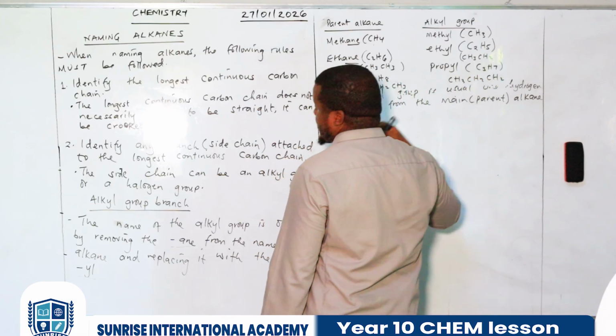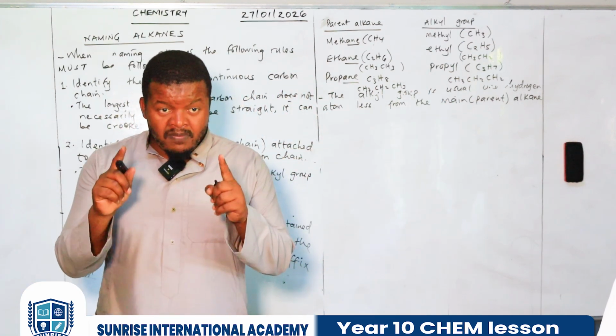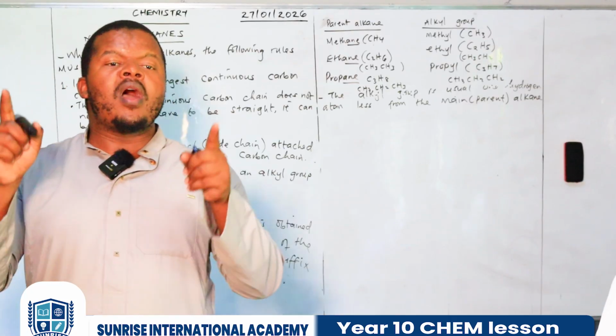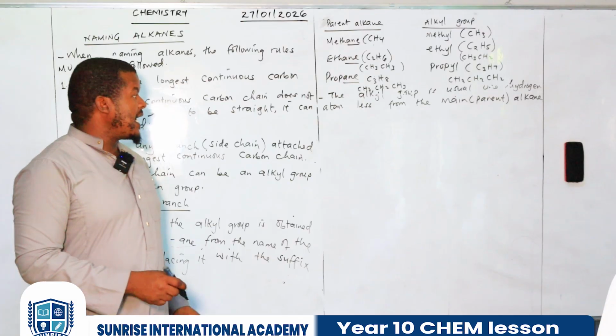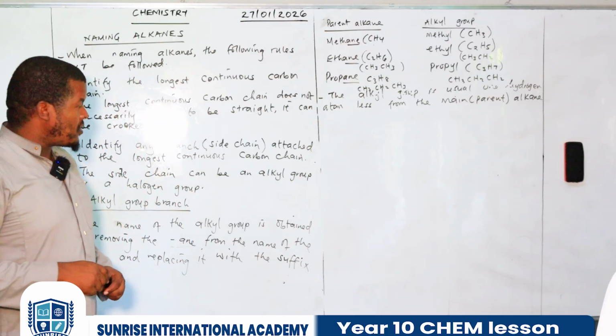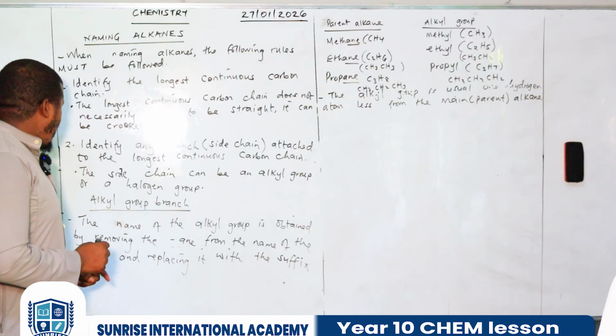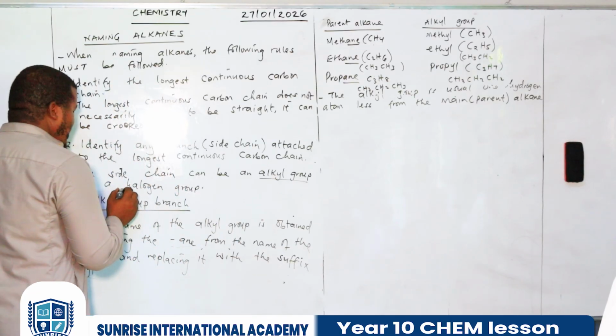You just count the number of carbon atoms. So that's a propyl. Remember, the alkyl group is usually one hydrogen atom less than the parent alkane. Very, very, very important.